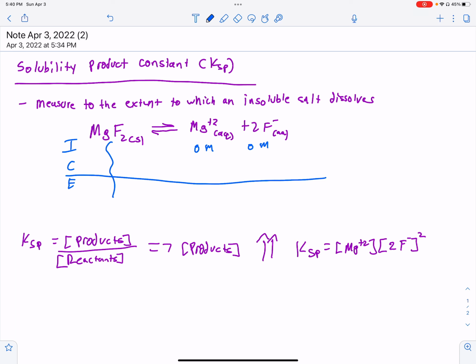But when the reaction takes place and it starts to dissolve, I'm going to gain x here and gain 2x here. So at equilibrium, I have x and 2x, and that's why the coefficient of 2 is happening here, in addition to being squared. So that is something that's different with KSP. KSP involves that term being squared because of the coefficient, but you're also going to put a 2 in front of the x. So that's a little bit different.